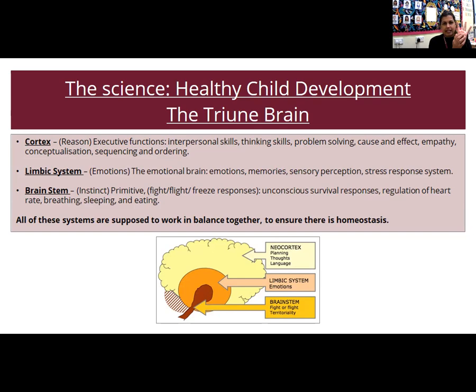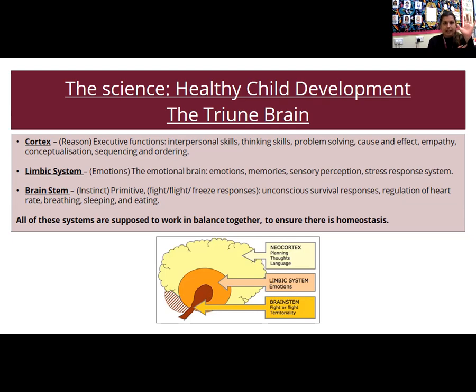We have the limbic system, which is our emotions, representing the thumb here. And then we have the cortex, sometimes called the neocortex, at the top here, which kind of hugs everything and keeps everything working together in harmony. We use the hand model to explain healthy child development, so everything is working in unison together.